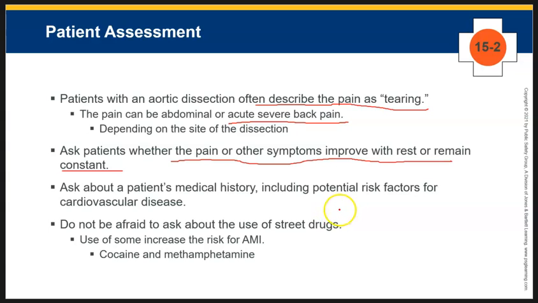And also part of our SAMPLE history, we might want to consider not just drugs that the patient might be on because of a pertinent health history of some cardiovascular disease, but illicit drugs that could increase the risk for an acute myocardial infarction. We see stimulants such as cocaine or meth contributing to this.